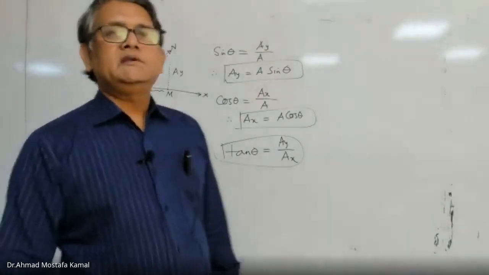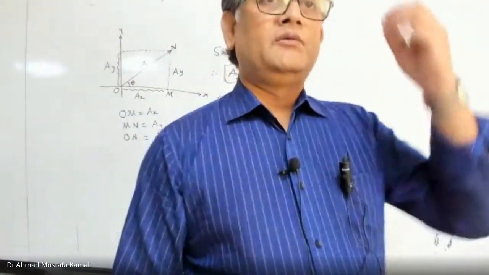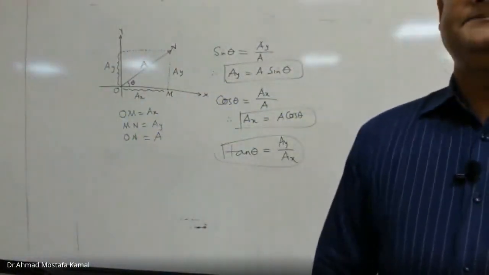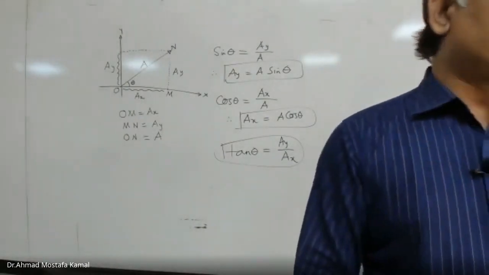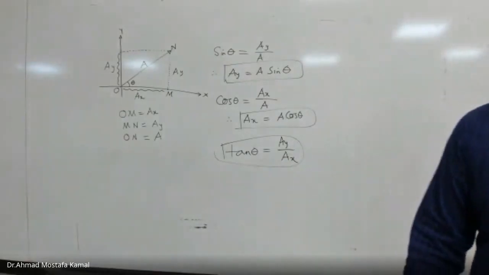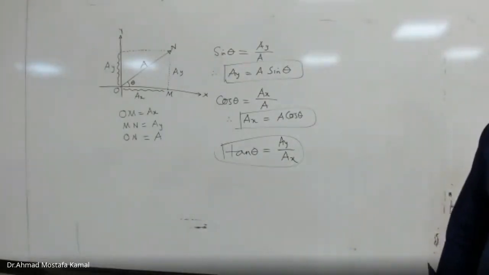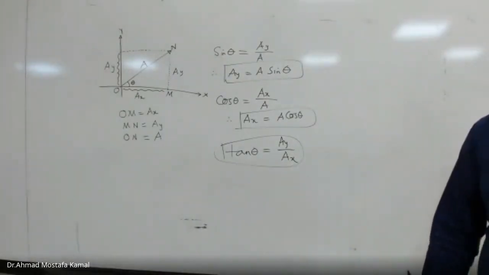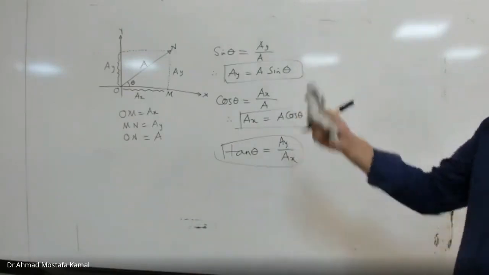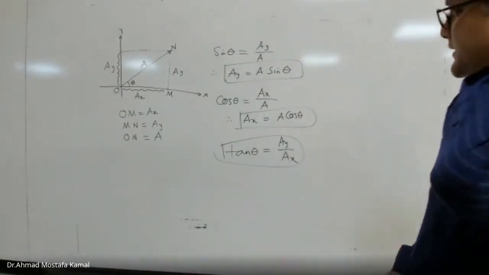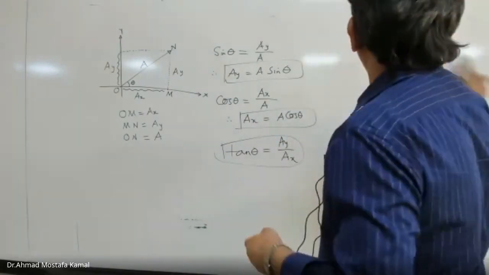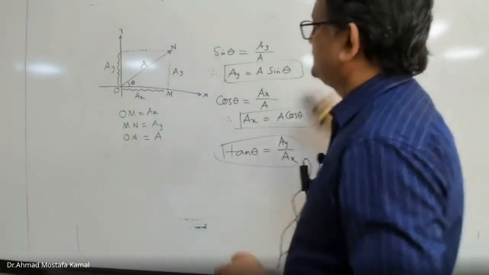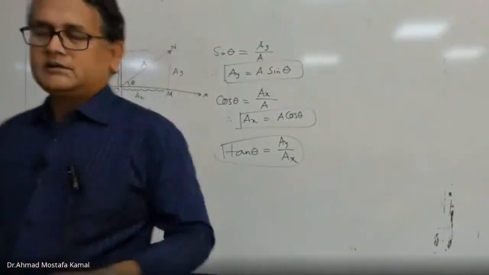Okay, so this concept will be used for finding the components of force. Force is a kind of vector, you know. Components of force, components of field. Field is also a kind of vector. That's why I have just shown it. So don't forget that I will use them when we talk about the dipole.